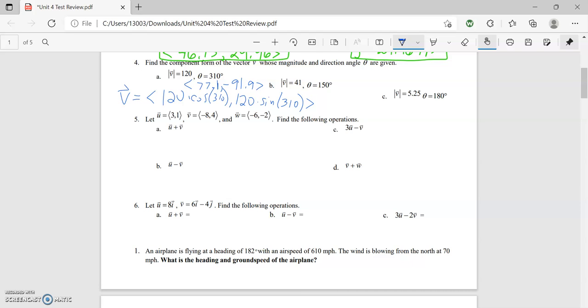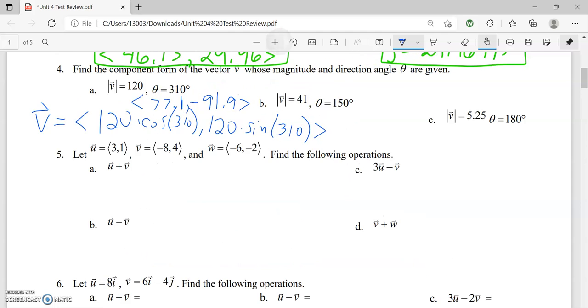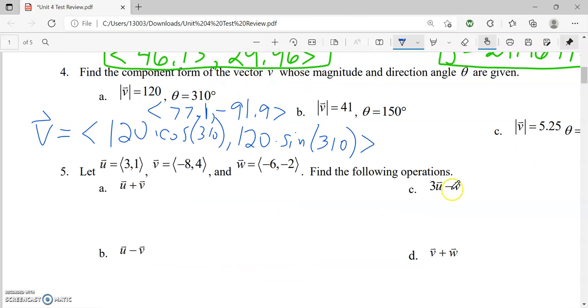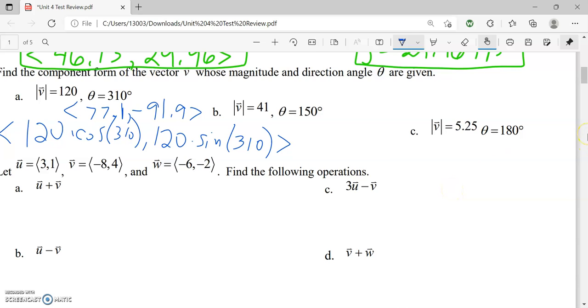So let's do C. We've got some room. So vector V in component form looks like magnitude, so, do I have enough room?